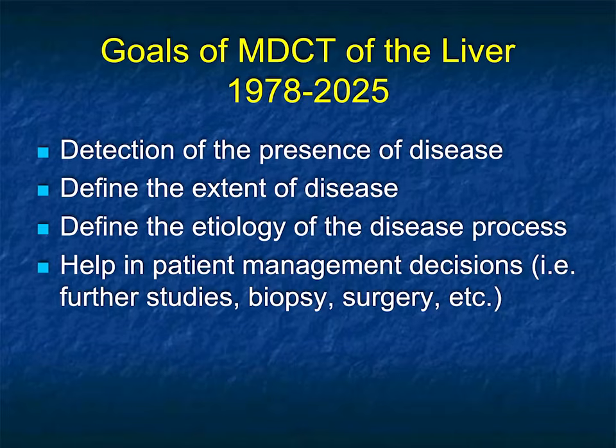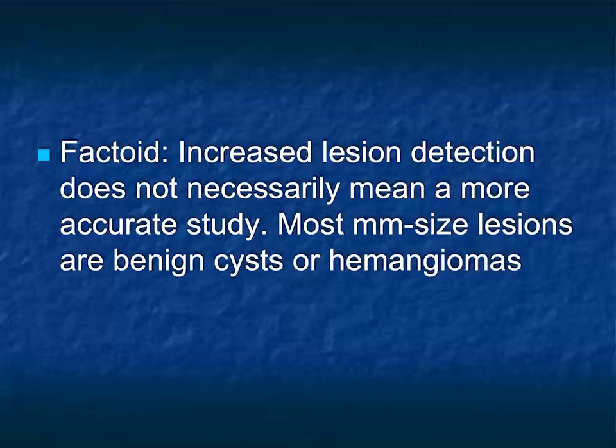Do we need further studies for more information? Do we need a biopsy? Should the patient go to surgery? Does the patient need medical management? All of these things can be done with a single, well-performed CT scan.